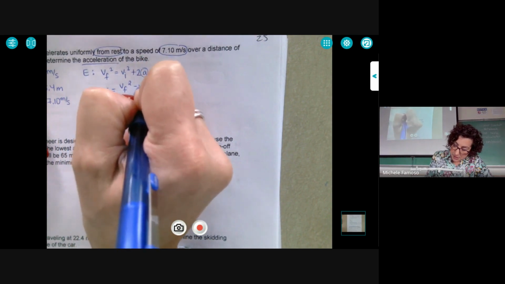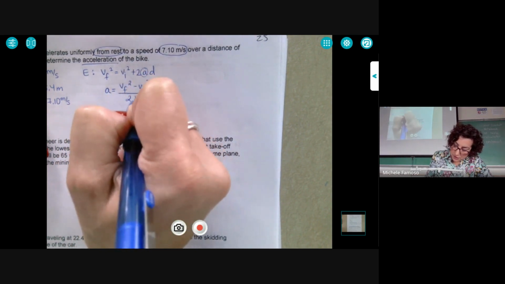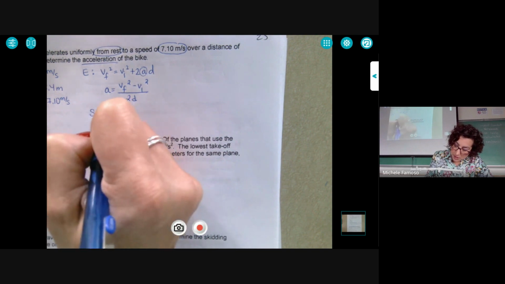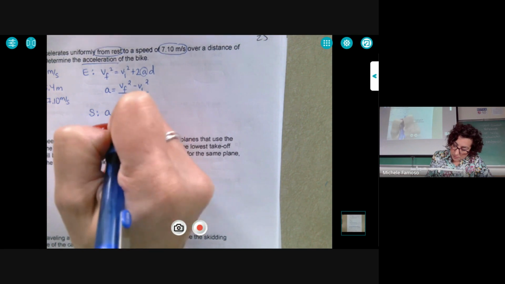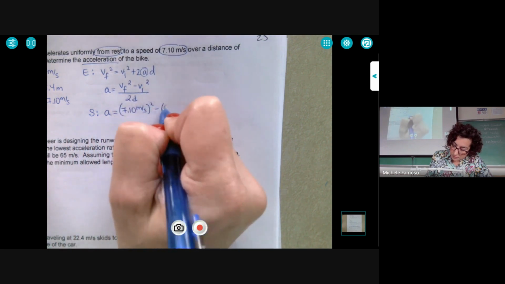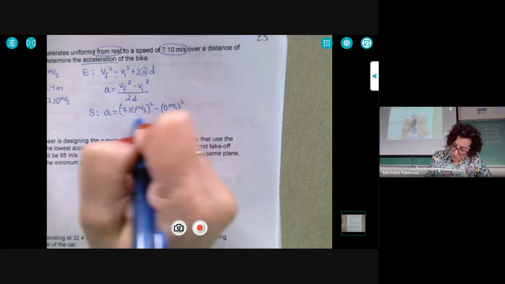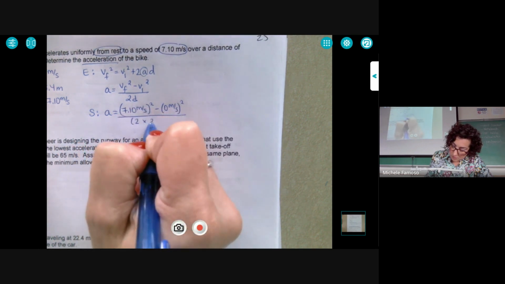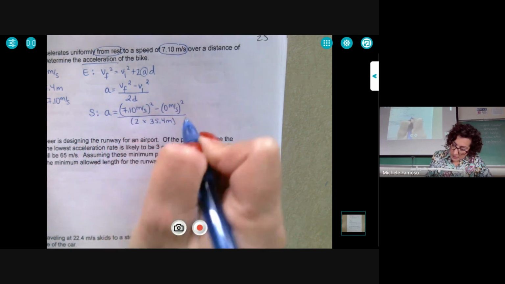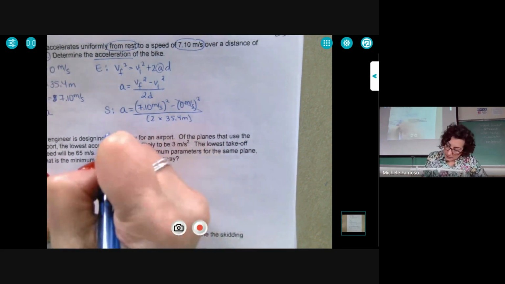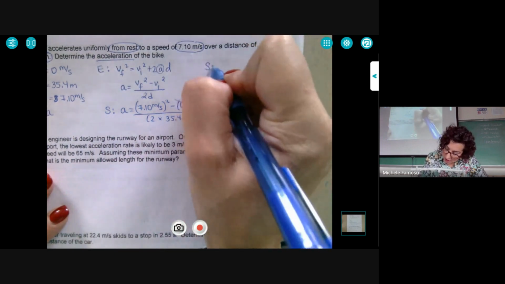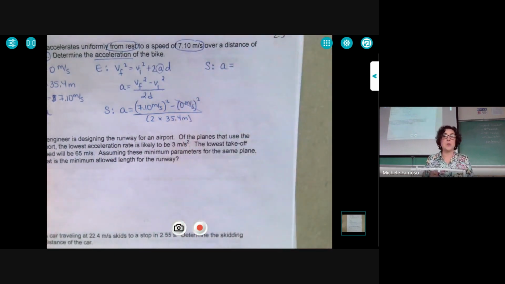VF squared minus VI squared over 2D. So now you're going to do your substitution with units. The 0 you can forget about. And now you're going to solve that for the acceleration with proper units, sig figs, and direction.